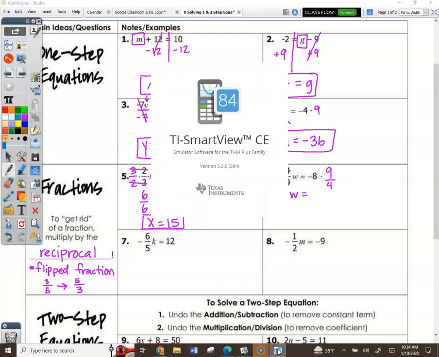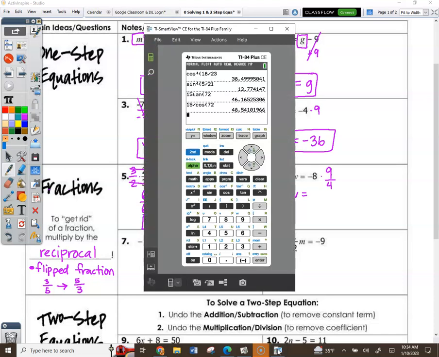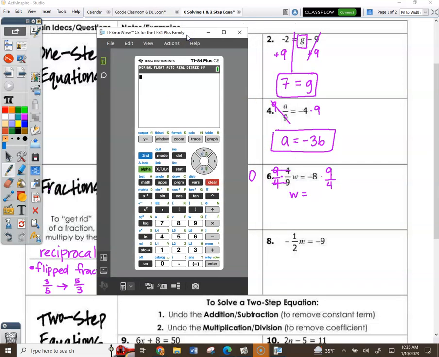There's a calculator shortcut that I need you to start learning as of today. And if you forget it, it's on your little shortcut paper. One way to type this in is how you see it. -8 times 9 divided 4.